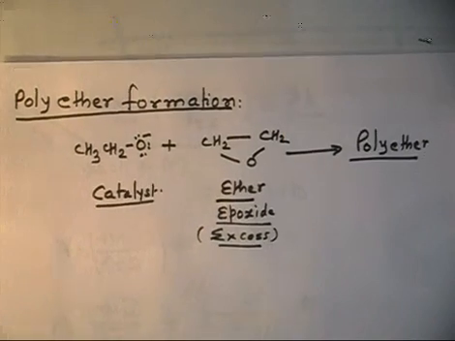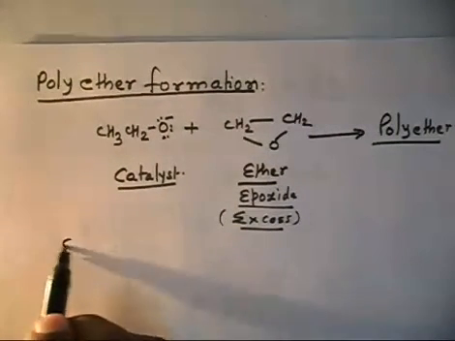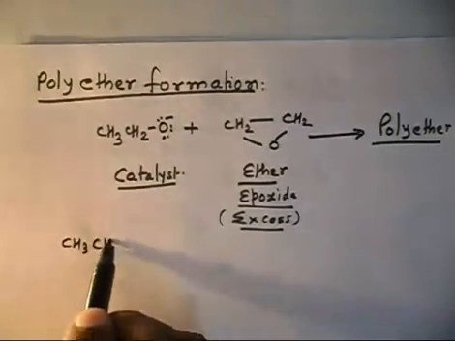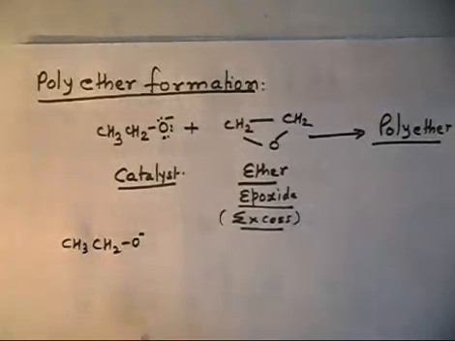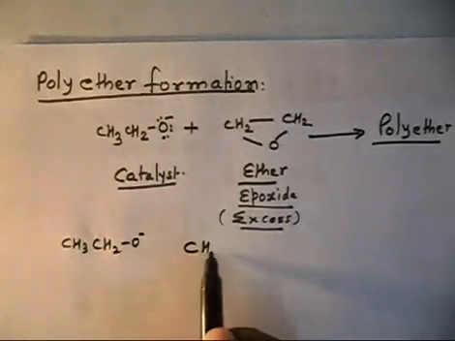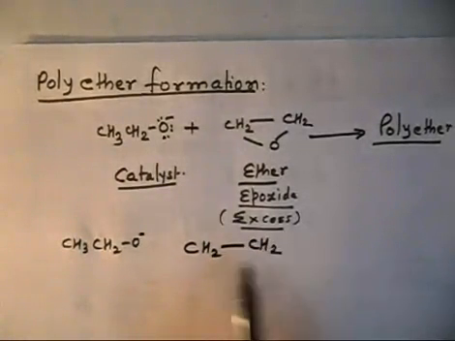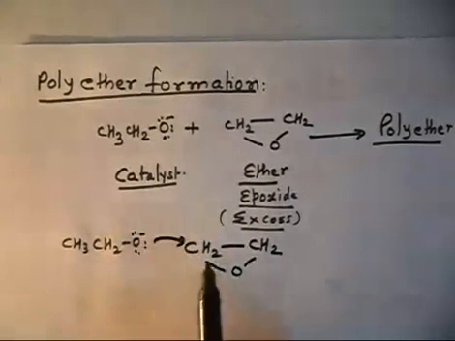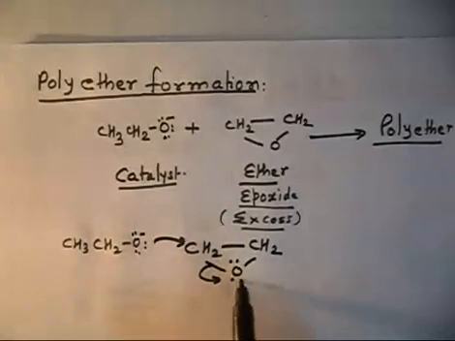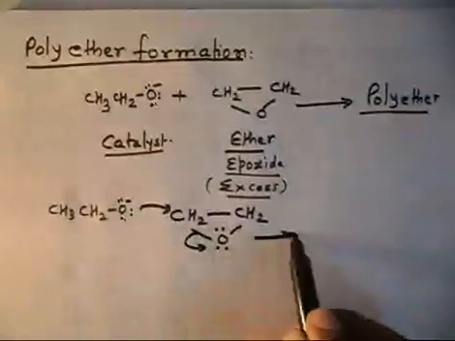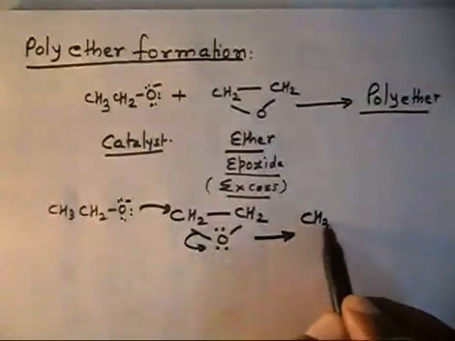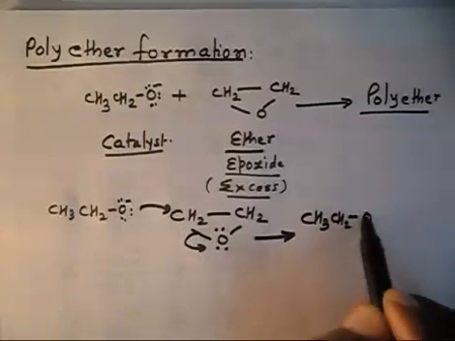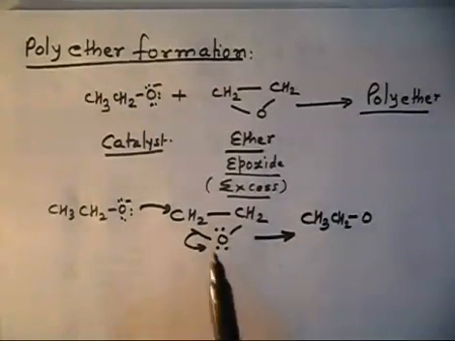Okay, let us discuss. So you have CH3CH2O minus, which is a catalyst, and the epoxide CH2CH2O. This will attack here and the ring will open up. So you will have CH3, CH2O, then CH2, CH2O minus.